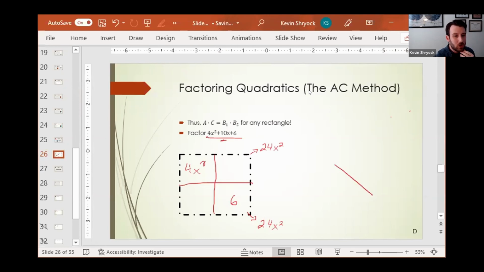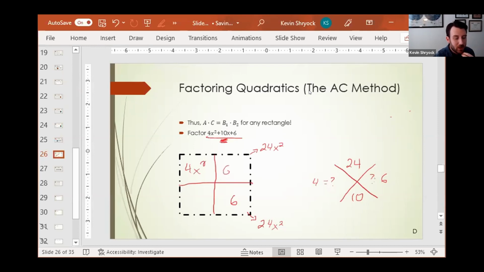So I'm looking for 2 mystery numbers to fill my 2 empty regions. They must multiply to 24, and they must consume my full 10 X blocks. So what numbers add up to 10 and multiply to 24? It would have to be 6 and 4.